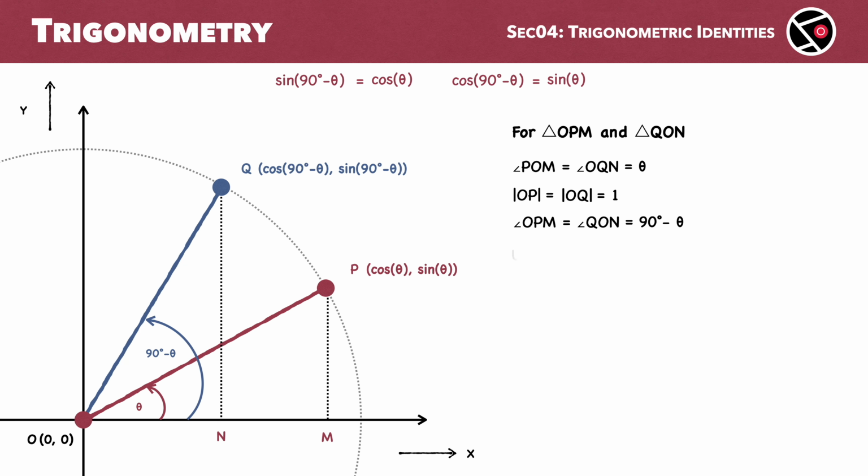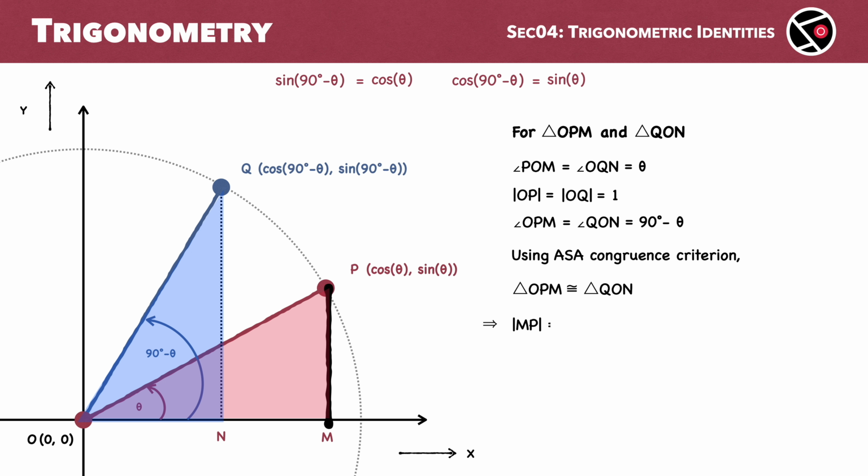That means by the ASA rule, the triangles OPM and QON are congruent. And when two triangles are congruent, their corresponding sides are equal. So we get MP equals ON and OM equals NQ.